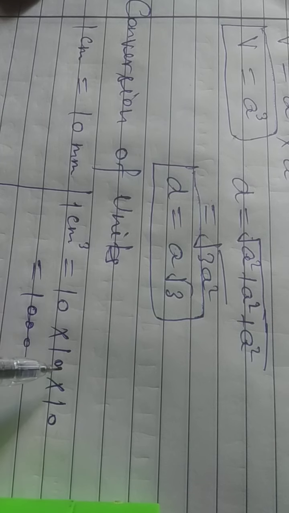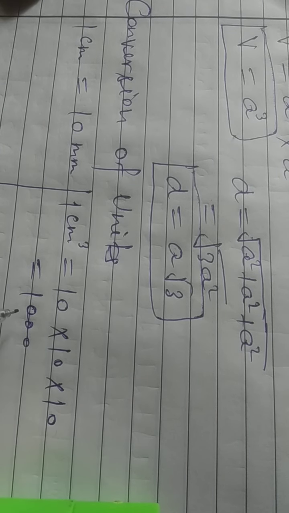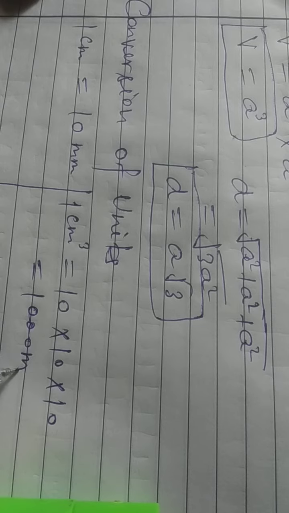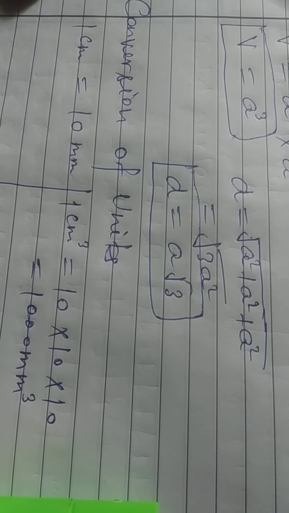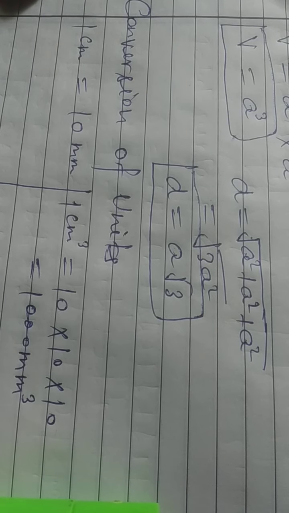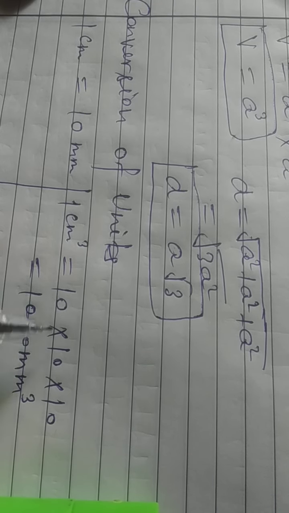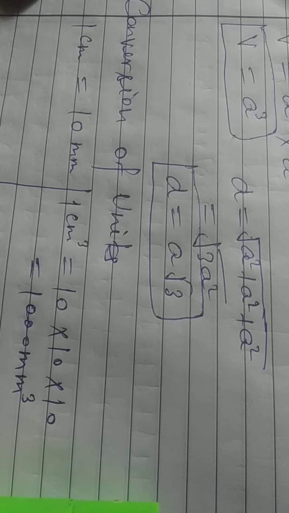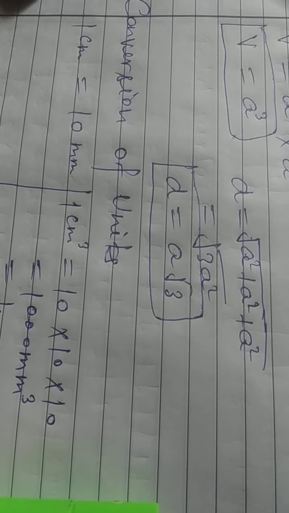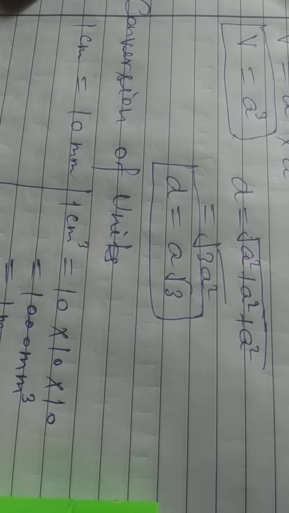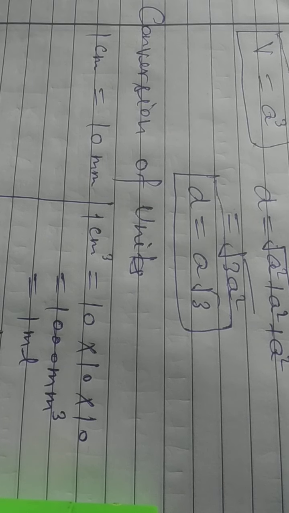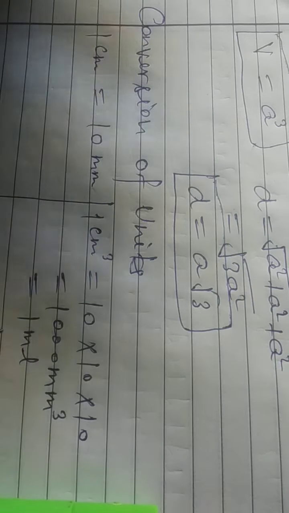This 1000 mm cube is also known as 1 ml, 1 milliliter, because ml is the unit for liquids.